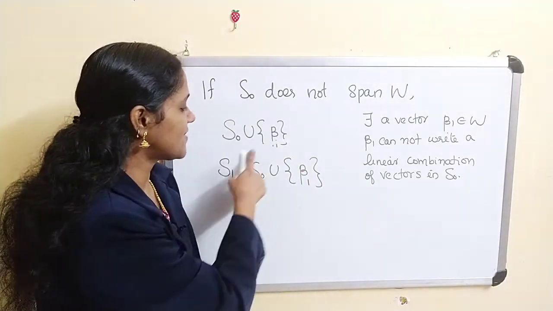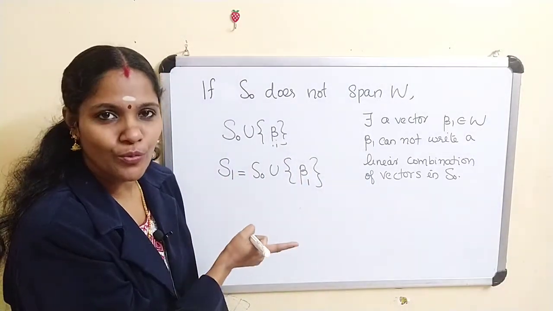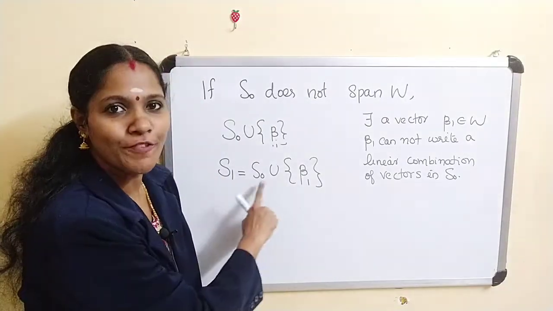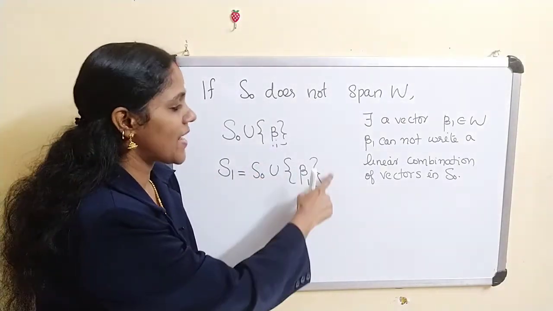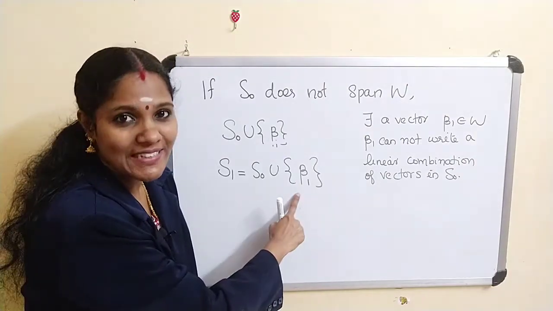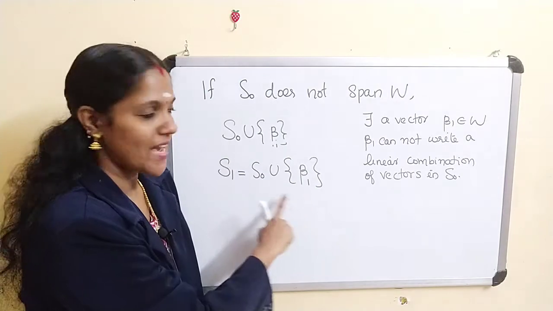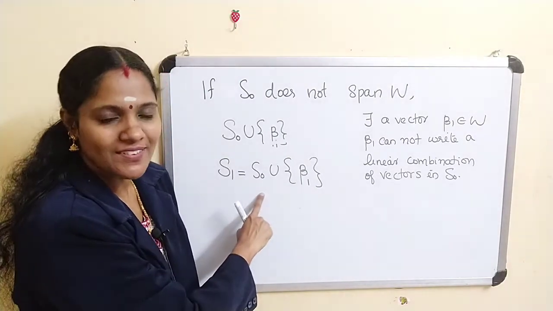Now suppose this set spans W, then we are done, because S0 is a part of a basis. If this spans W, the set is already linearly independent and it spans W, so it forms a basis and S0 is a part of a basis.